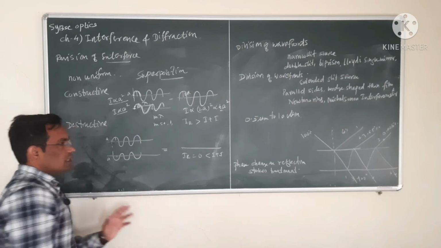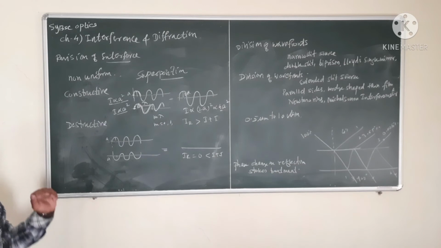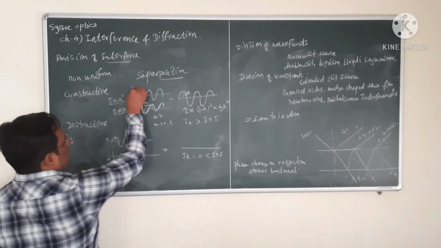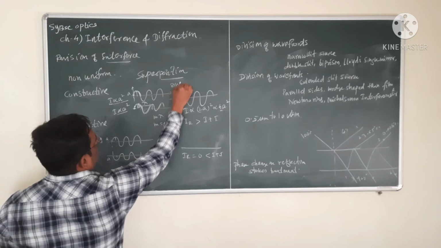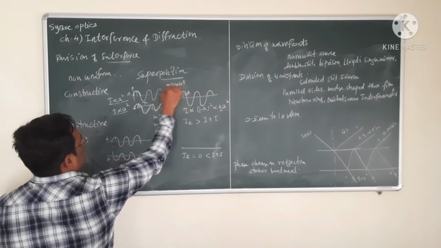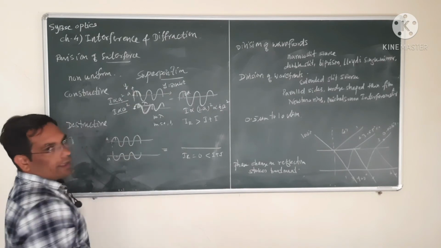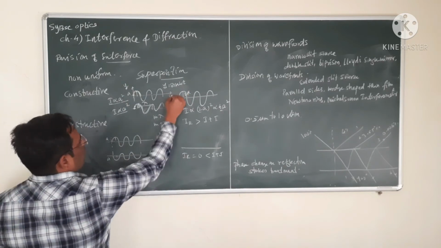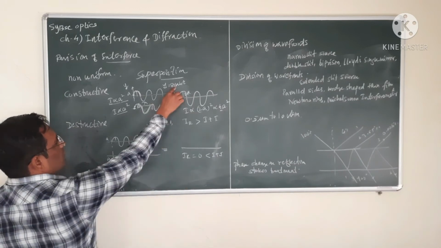So try to understand the difference between phase difference and path difference. Phase difference means what? Here on the y-axis and on the x-axis, suppose this wave can be written as y is equal to sine omega t, then on the y-axis we have y, and on the x-axis we have omega t. So initial phase difference means what?